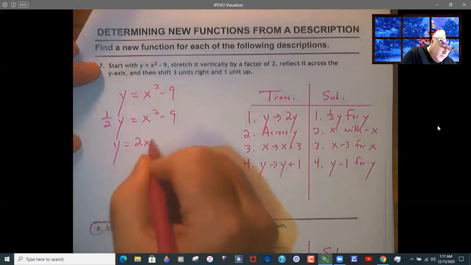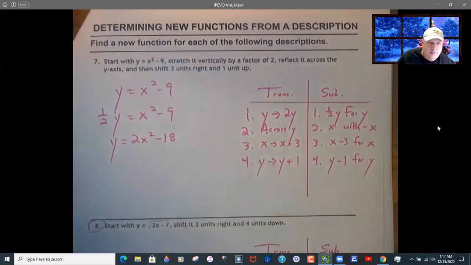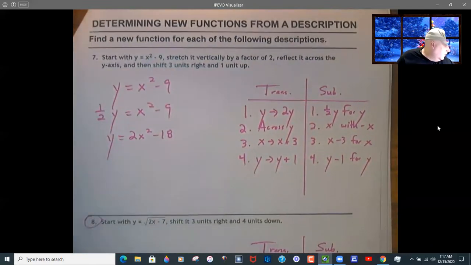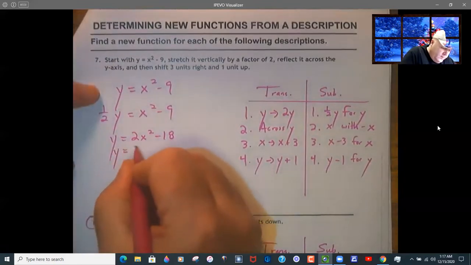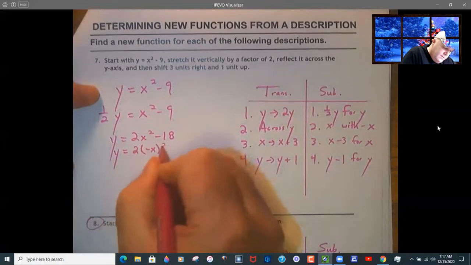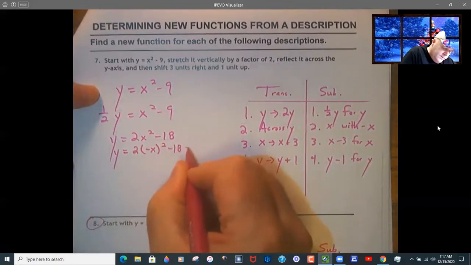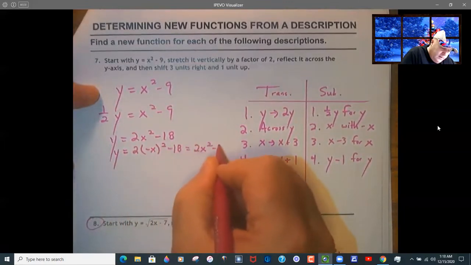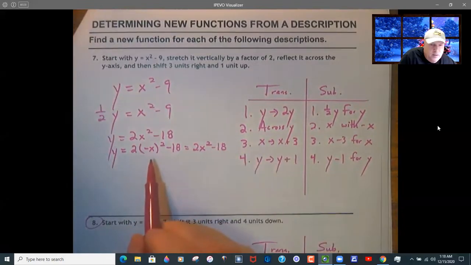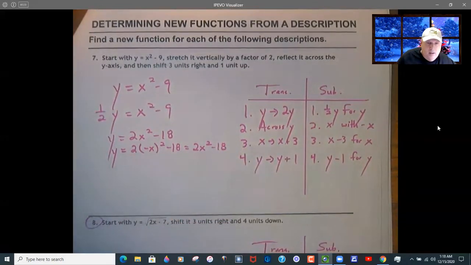So 2x squared minus 18. I'm not leaving myself very much room here. I'm going to run into a little bit of trouble. Negative x goes in for x. And that's not going to make any change. So I'll just write that right here. So negative x squared is x squared again. Negative x times negative x, positive x squared.